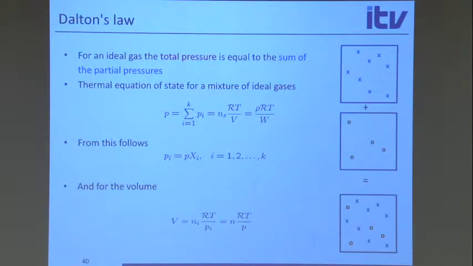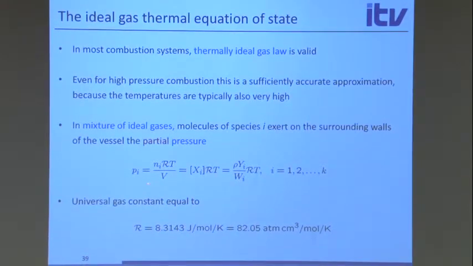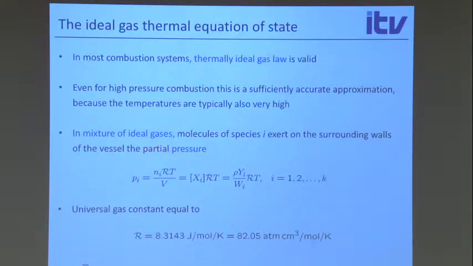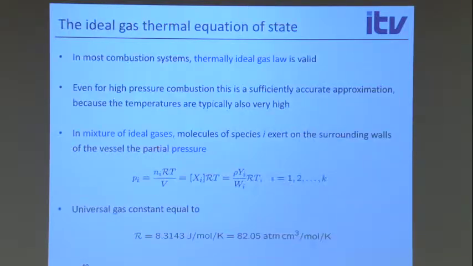If I divide this by this relation here, then you see that RT divided by the volume goes away, and then P_i divided by P is equal to N_i divided by N. N_i divided by N, that's the mole fraction.